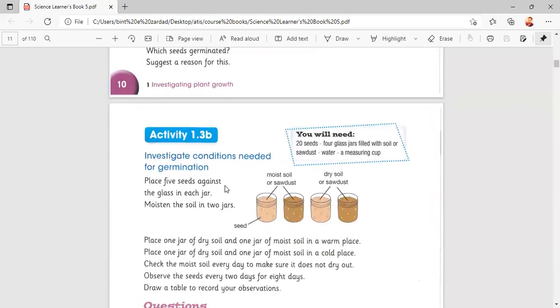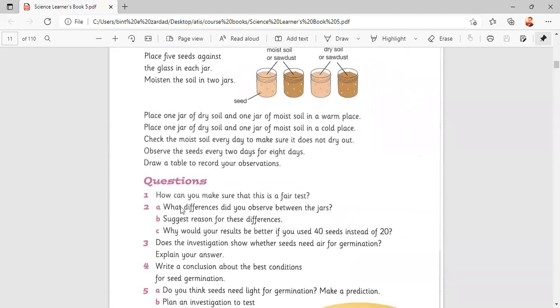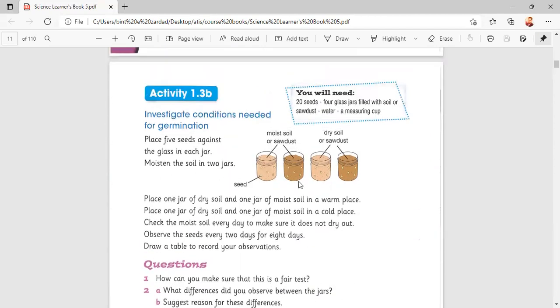These are all about activities. If you did the activities, it's better that you can answer these. How can you make sure that this is a fair test? For this activity, you need two jars with dry soil and two jars with wet soil.